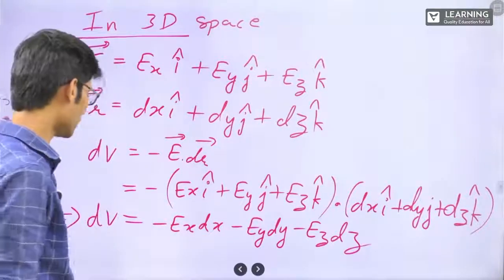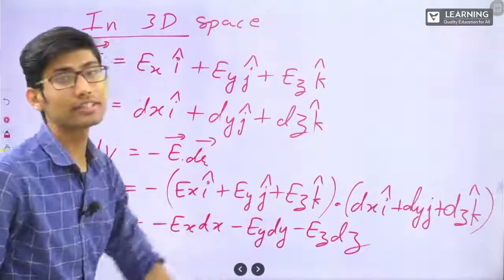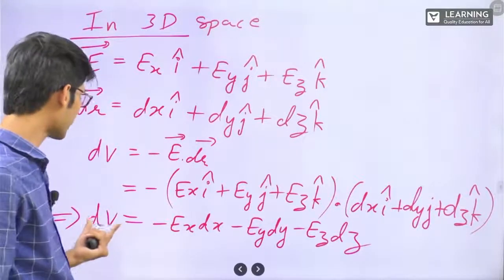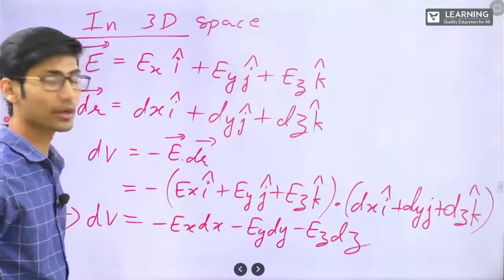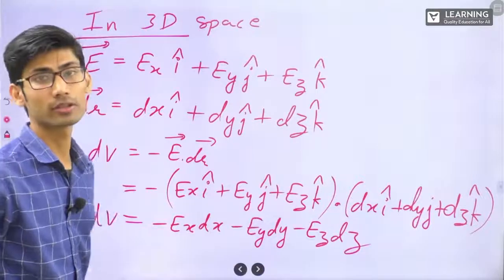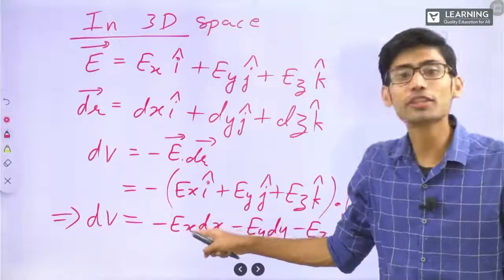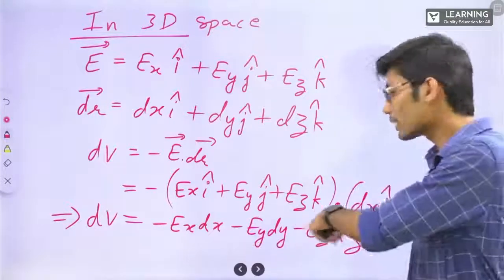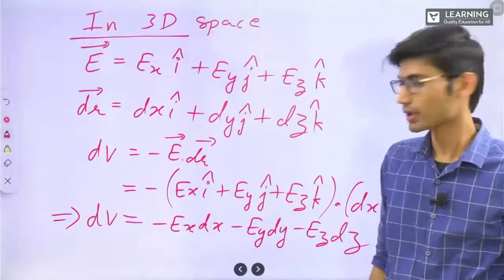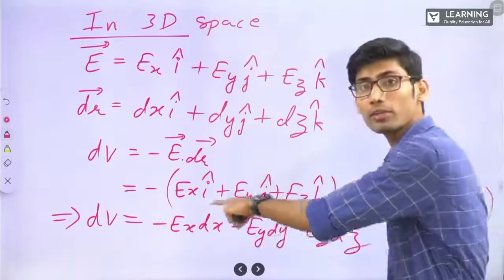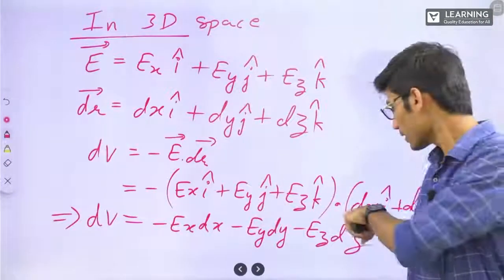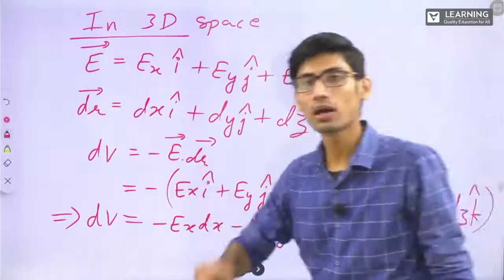Now, if I do partial differentiation of V with respect to x, then with respect to y, then with respect to z, what does this mean? This means that we are changing in x, keeping y and z constant. Then we will be changing in y, keeping x and z constant. Then change in z, keeping x and y constant.